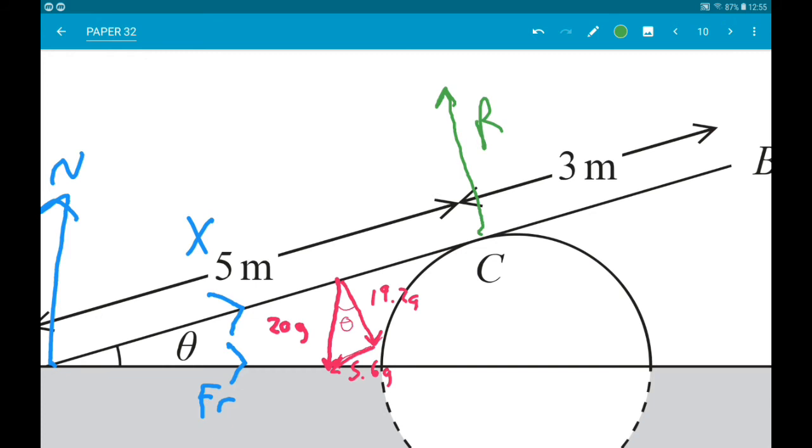So, we know that the rod is in equilibrium, so any moments are in equilibrium.